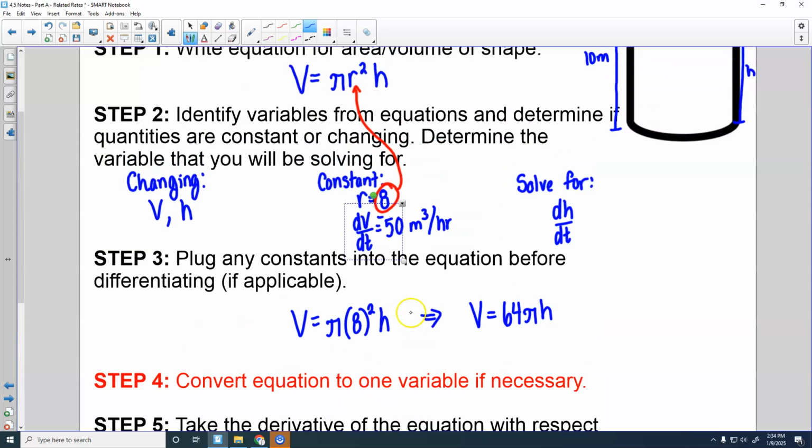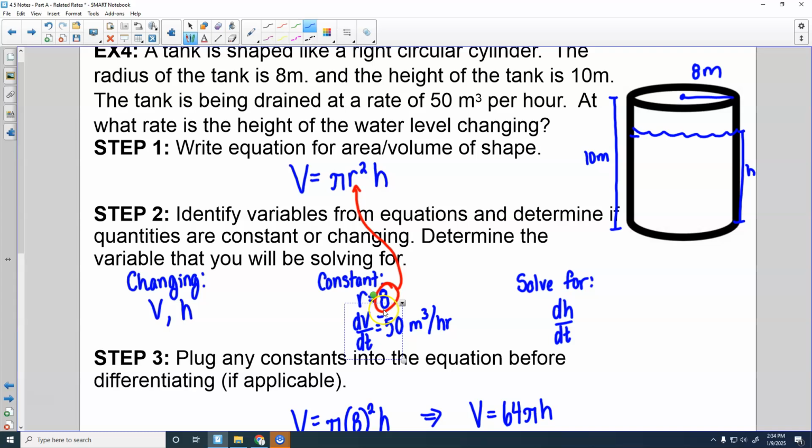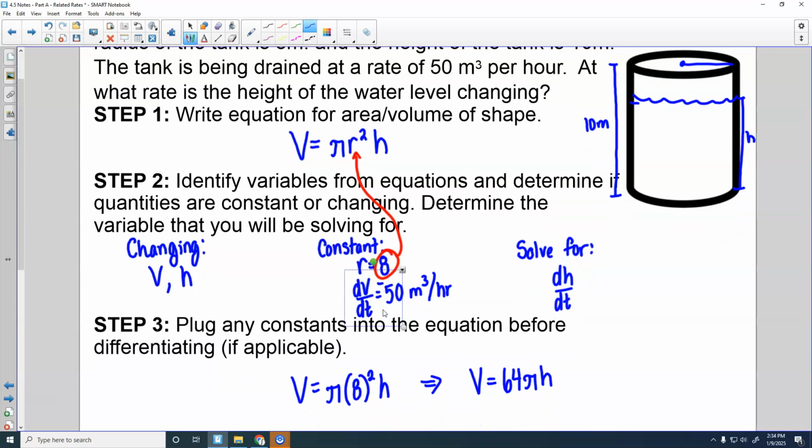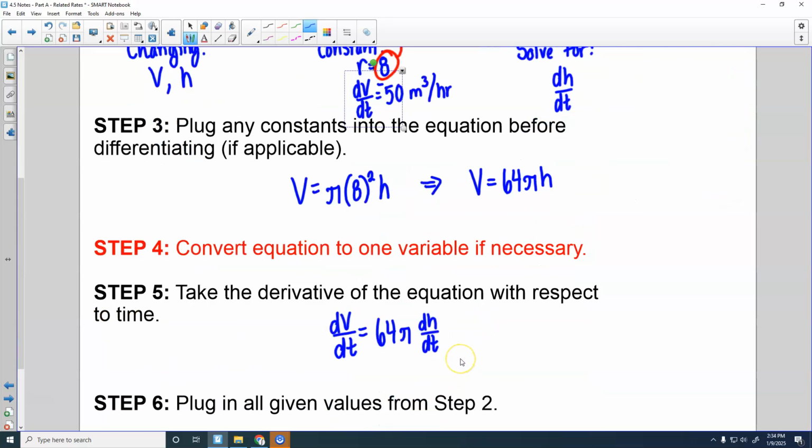Notice this problem, like most of the other problems, have said like when the height is 7, what is the rate of change of something? Or when the radius is this, what's the... This problem does not do that. But it doesn't have to, because do we have any straight variables from the problem even left here?